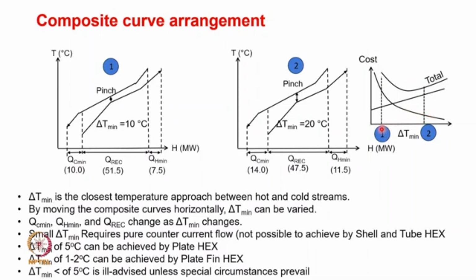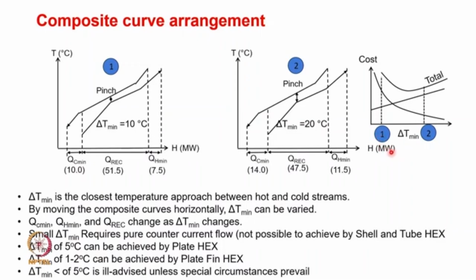When you are at point number 1, in this particular case your delta T minimum is small, which essentially means that you need a larger area to effect that particular heat exchanger design. So as a result, the overall cost seems to be a little lesser, but your capital cost sometimes will be on the higher side.